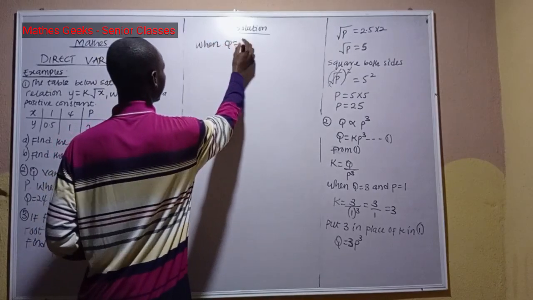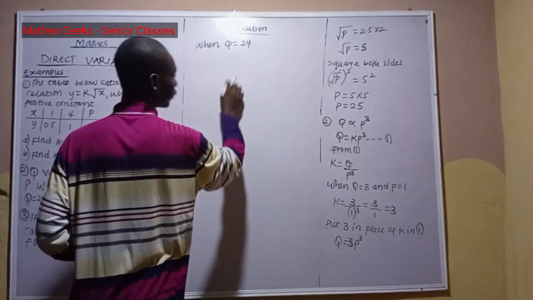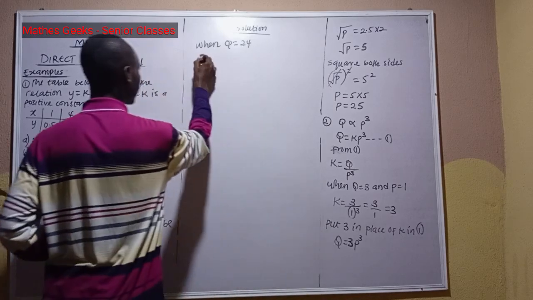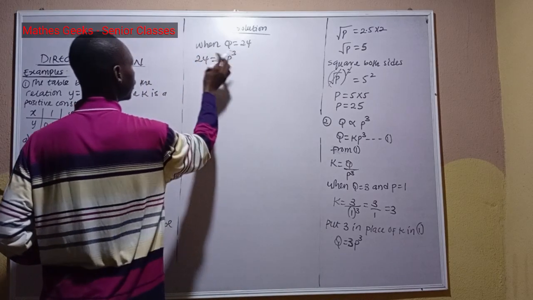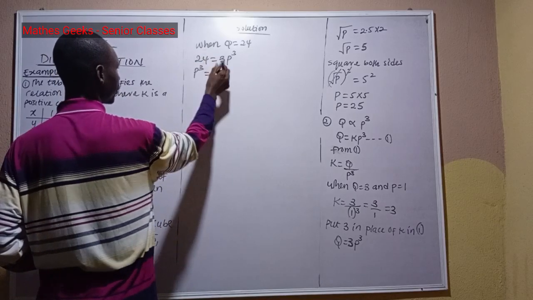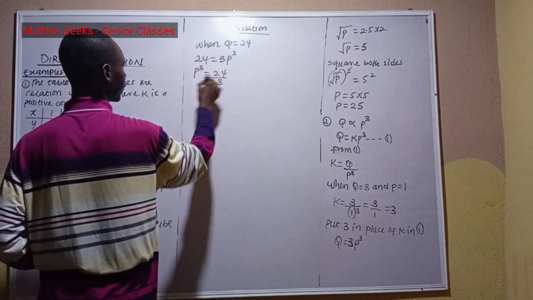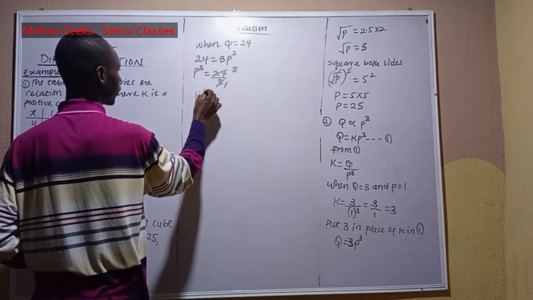So when q is 24, from this formula, 24 is equal to 3 p cubed. To make p the subject of the formula, we divide both sides by 3. 24 divided by 3 is 8.